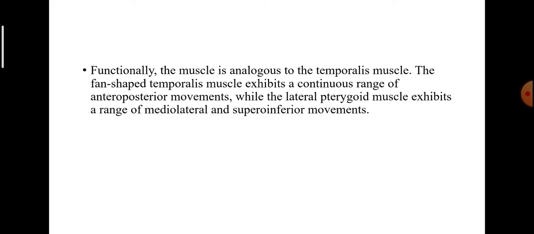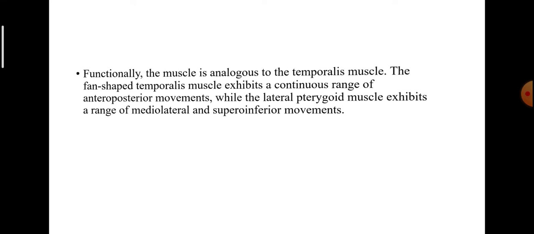Functionally, the muscle is analogous to the temporalis muscle. The fan-shaped temporalis muscle exhibits a continuous range of anteroposterior movements, while the lateral pterygoid muscle exhibits a range of mediolateral and superoinferior movements.